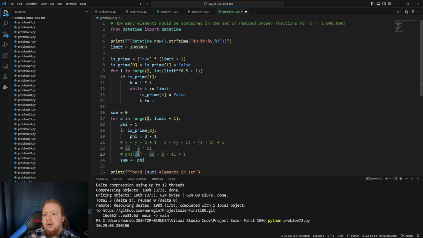So 22, how many even numbers are less than 22? It would be 2, 4, 6, 8. Right? So 1, 2, 3, 4, 5, 6, 7, 8, 9, 10. So it would be 10 multiples of 2.